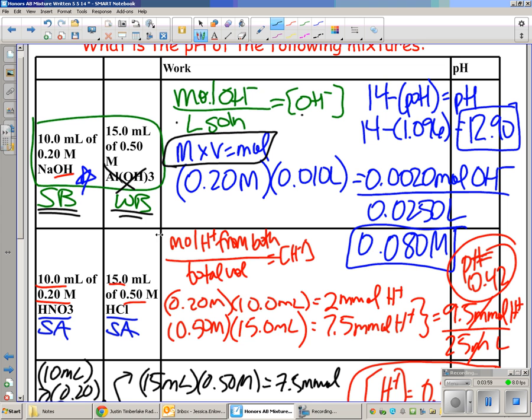We got 0.0020 moles of OH divided by 25 milliliter sample because this volume together is 10 plus 15, giving me 25 milliliters, which is 0.025 liters. This gives me my OH concentration of 0.08 molar. Plugging that in gives me a pOH of 1.096. 14 minus pOH gives me 12.90, which is my pH, which makes sense because it's a strong base, so it's fairly up there.